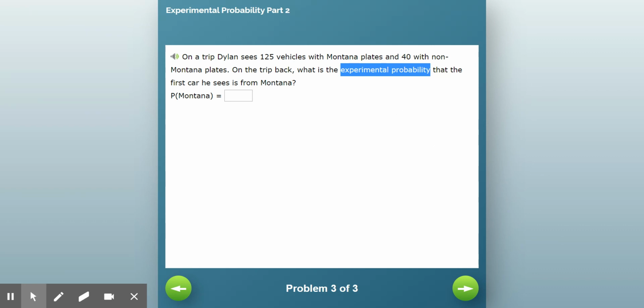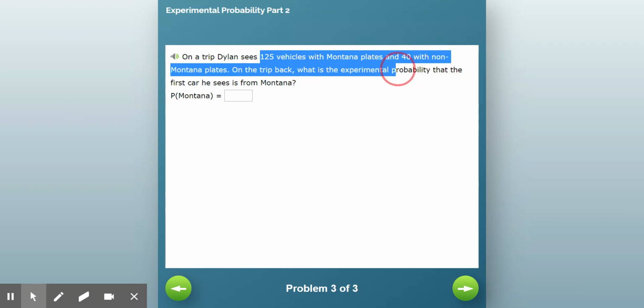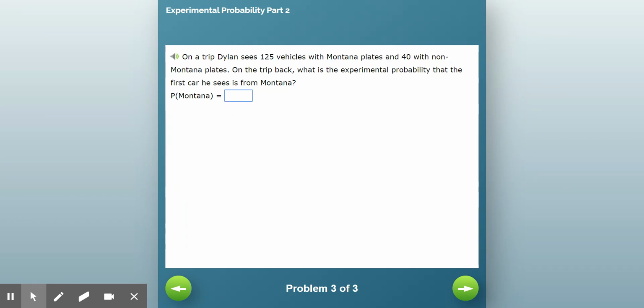So he saw 125 vehicles with Montana plates and 40 with non-Montana plates. So this is a combination. So he saw a total of 165 cars, and 125 had Montana plates.